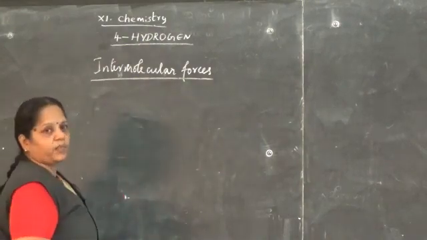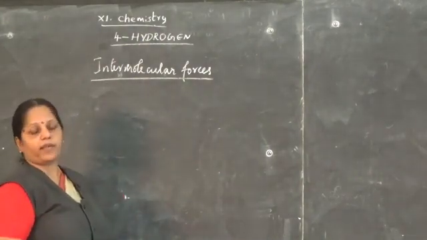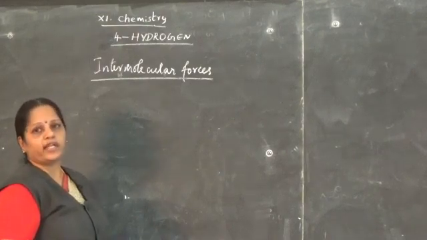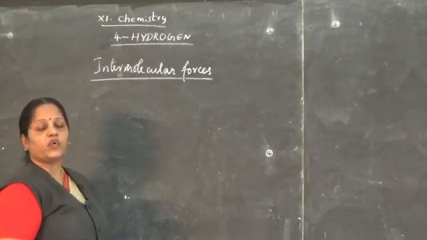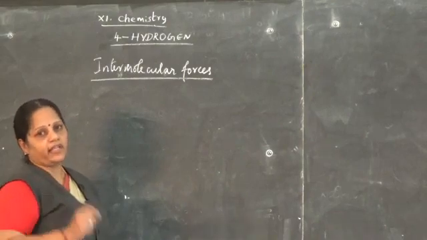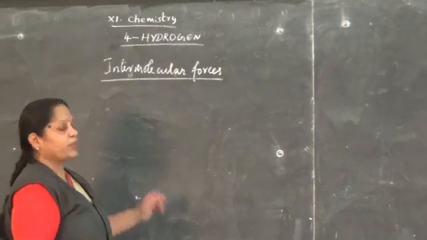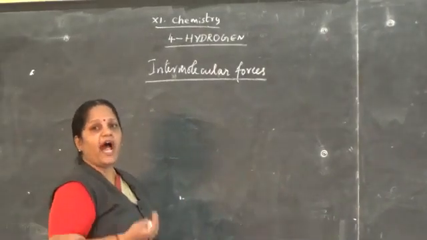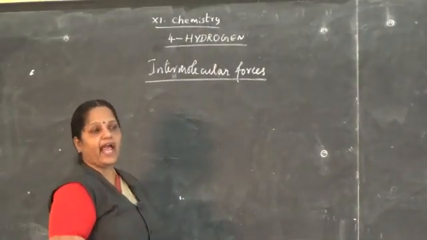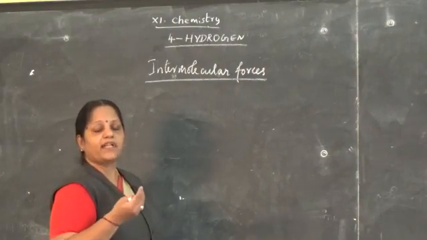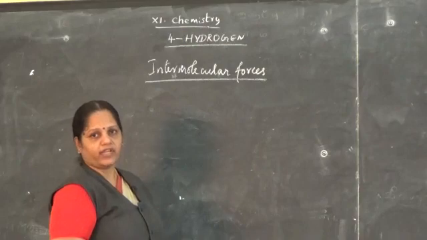Already I discussed the types of chemical bonding: ionic bond, covalent bond and coordinate bond, which arise due to attractive forces between atoms. Van der Waals was the first person to propose the existence of attractive forces between atoms in inert gases, even though these have completely filled electronic configurations.